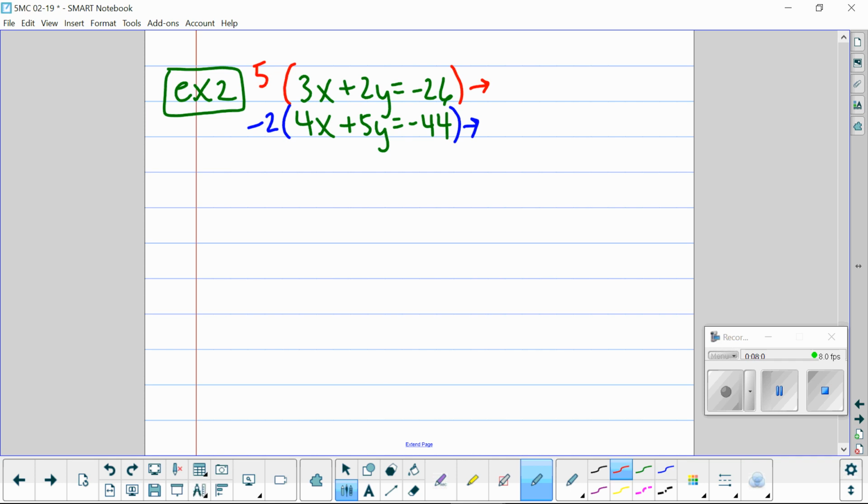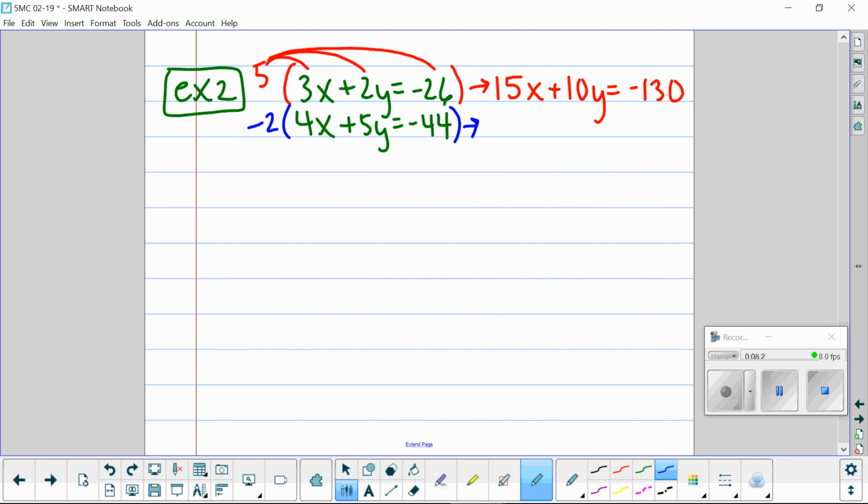So in the first equation, I'm going to multiply everything here by 5, so that I get 15x plus 10y. And then 5 times negative 26 is negative 130.